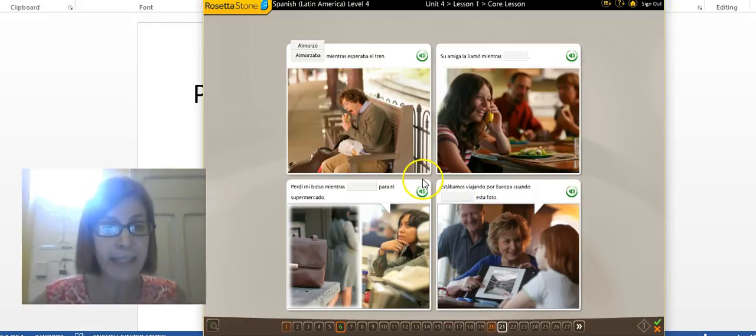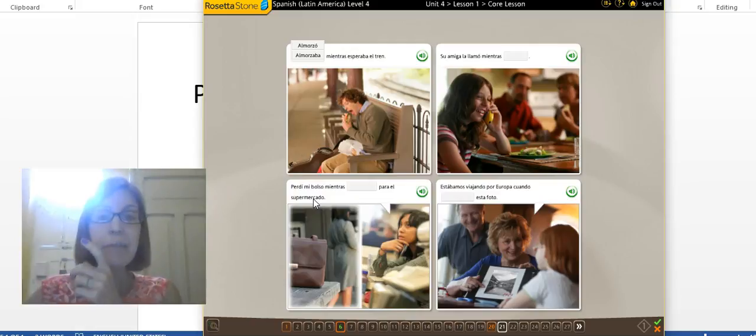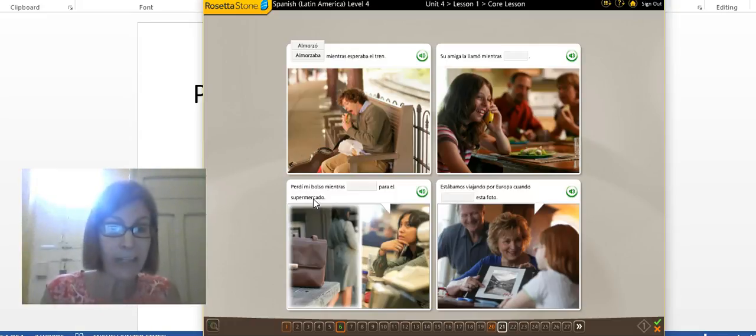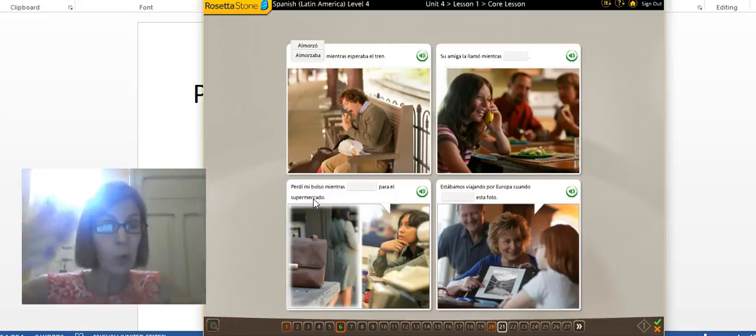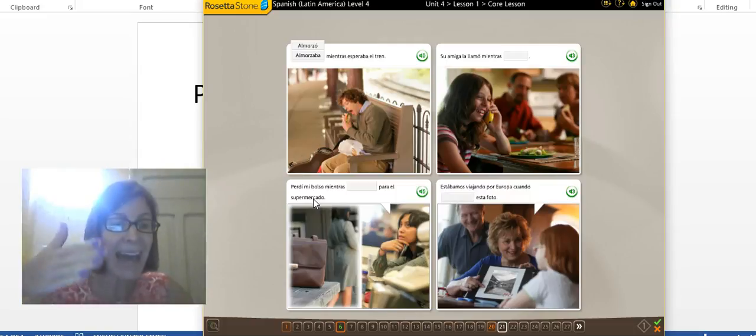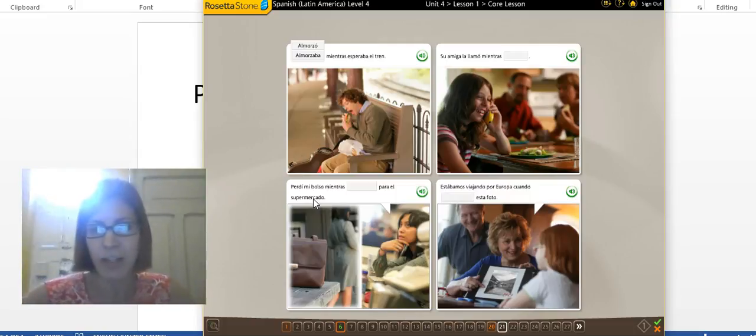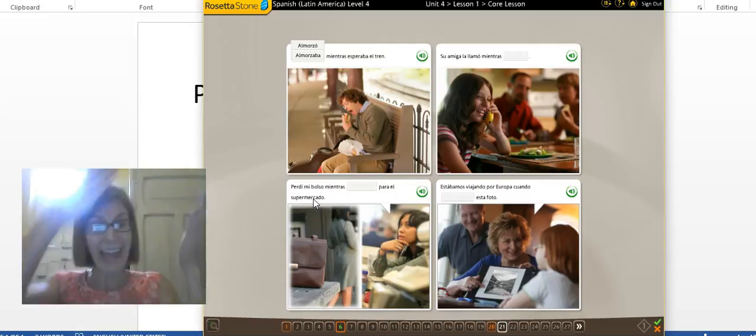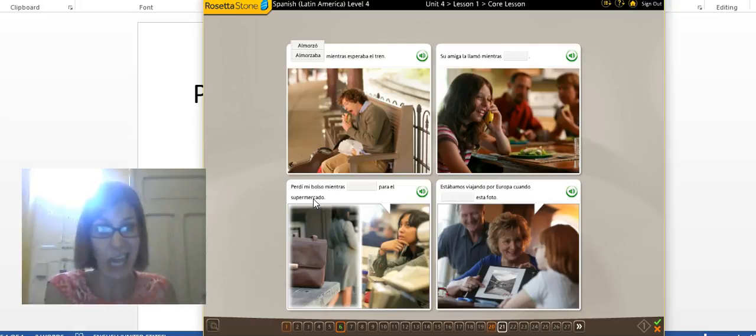Now this one says, para el supermercado. And if I look back at my notes right now, I know that that's a destination, an end point. She is going to the supermercado, para el supermercado. It says that she viaja, she travels to her destination, el supermercado. Remember that the word para has end points, fixed points, destinations, it's done.